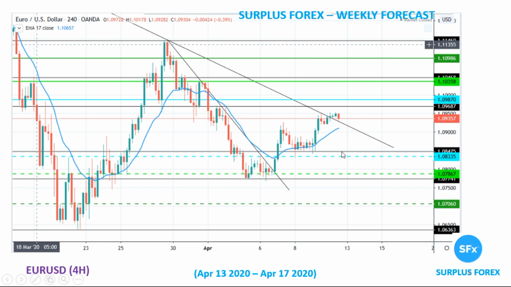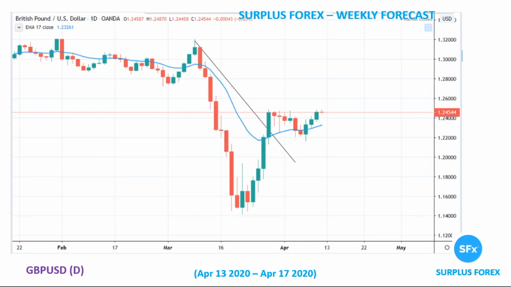And on the reverse side, if it crosses 108.47, I'll make my entry at 108.33 and keeping first target at 107.86, second target at 107.06. Let's move to the next one.